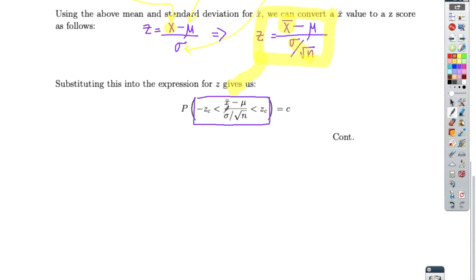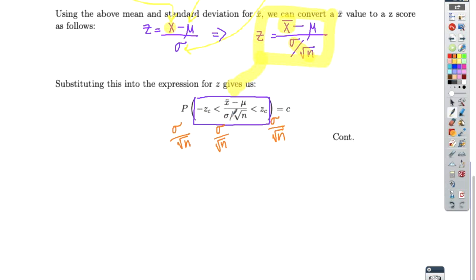Basically what I want to do is clear the denominator in the middle of this inequality. So I'm going to multiply the left side of the inequality by sigma over square root of n, I'll multiply the middle of the inequality by sigma over square root of n, and I'll multiply the right side of the inequality by sigma over square root of n.